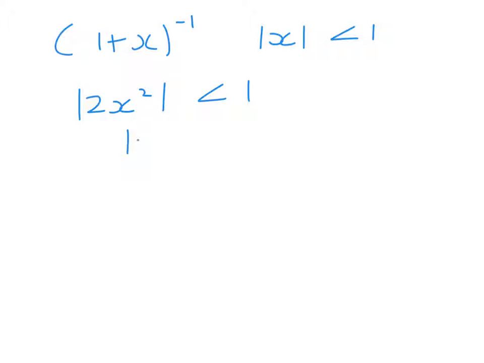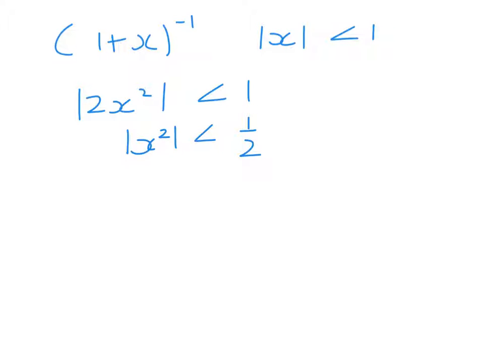If we have the expansion (1 plus x) to the power minus 1, that is only valid for the modulus of x less than 1. So if we start with our first expression, it will only be valid for the modulus of 2x squared less than 1, which is when the modulus of x squared is less than a half.